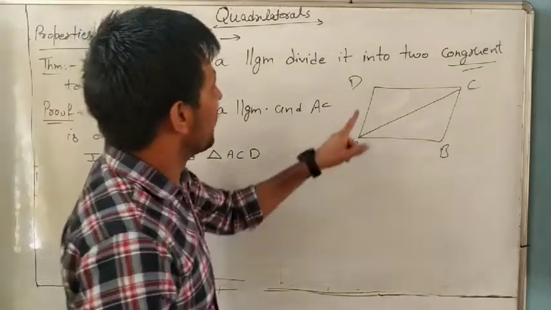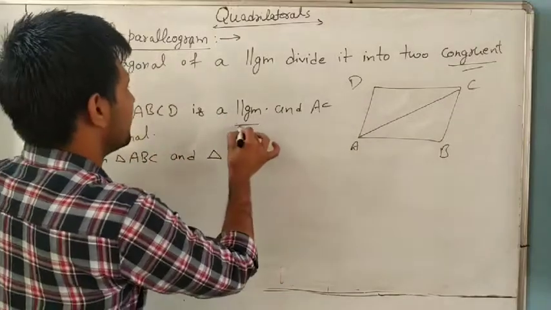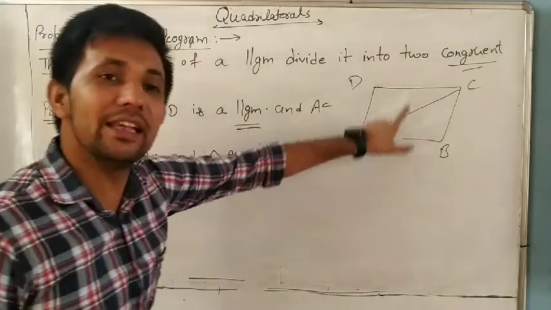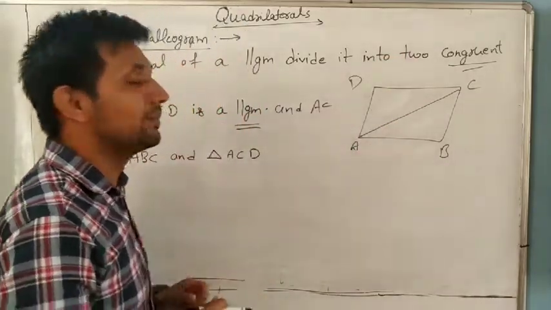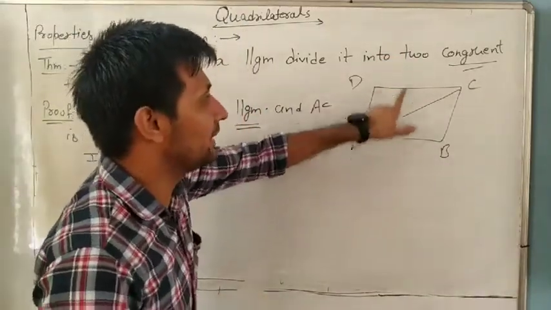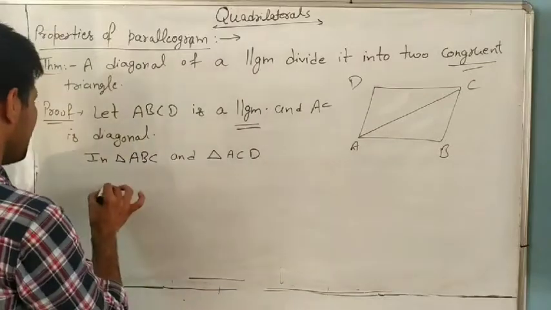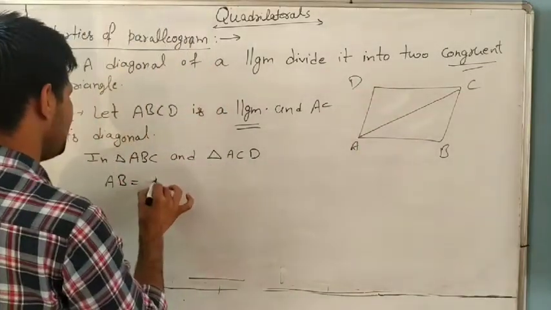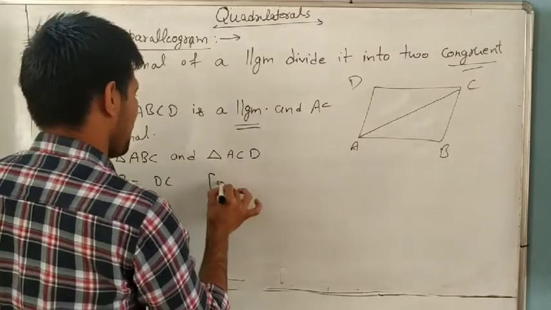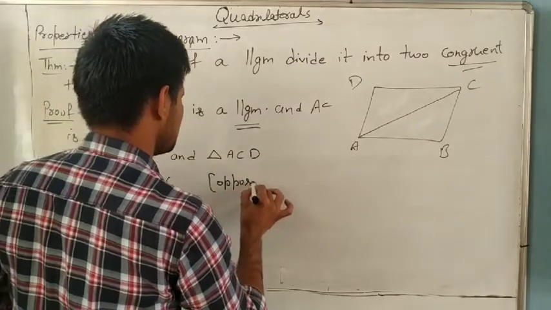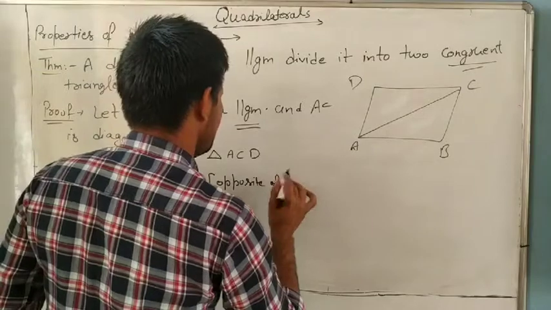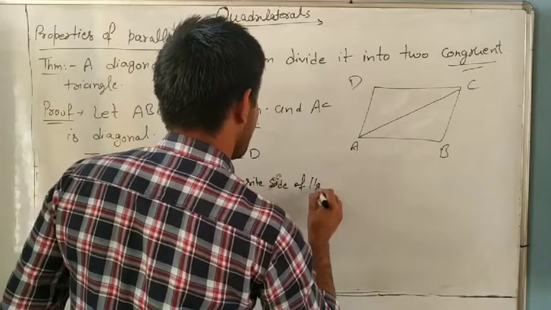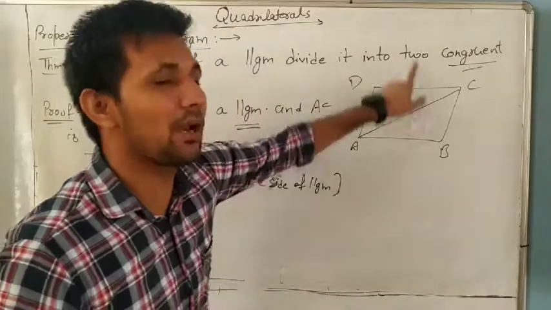We know ABCD is already given as a parallelogram. A parallelogram means AB equals DC. Why? Because opposite sides of a parallelogram are always equal.